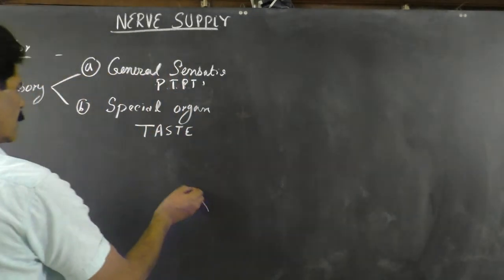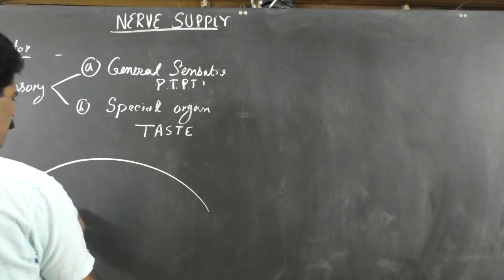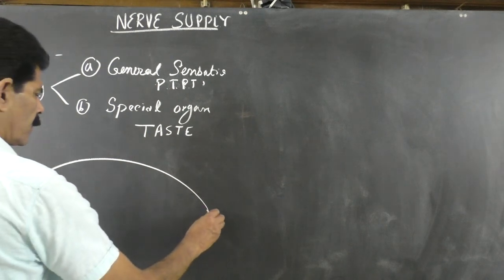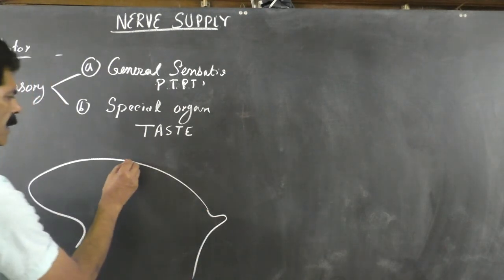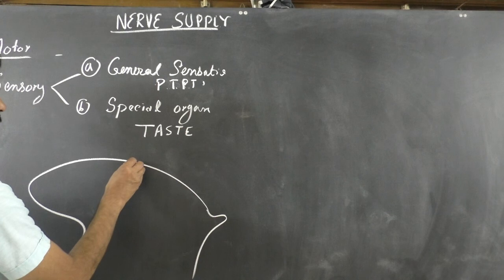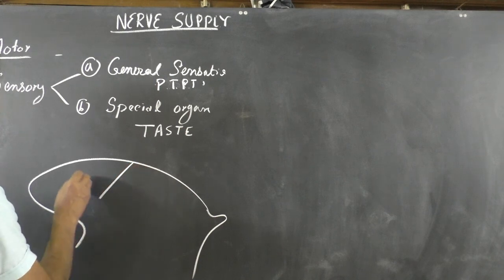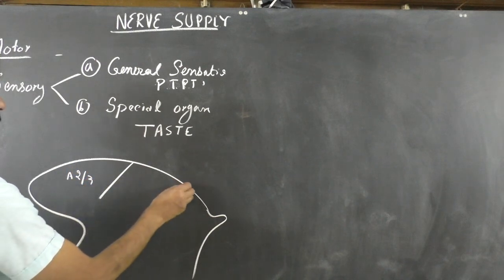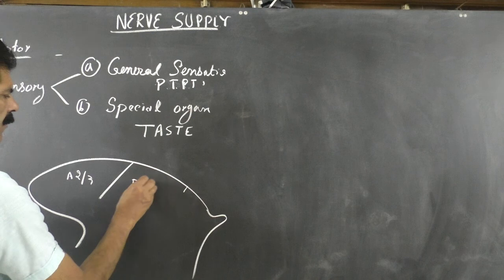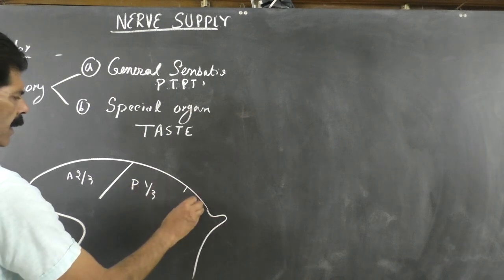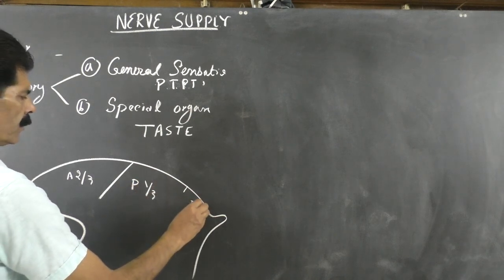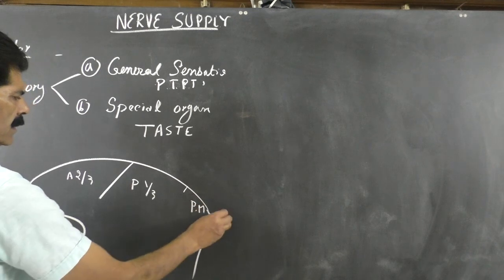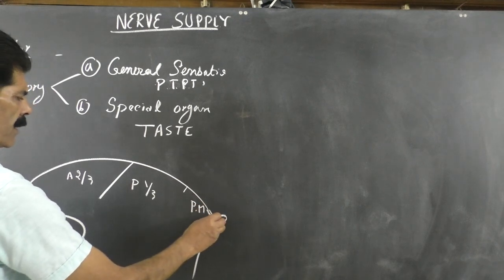As the tongue is there, the tongue has three parts, which are divided by the sulcus terminalis. In front of the sulcus terminalis is the anterior 2/3 of the tongue. Then comes the posterior 1/3 of the tongue. And then comes the posterior most part of the tongue, just in front of the epiglottis.